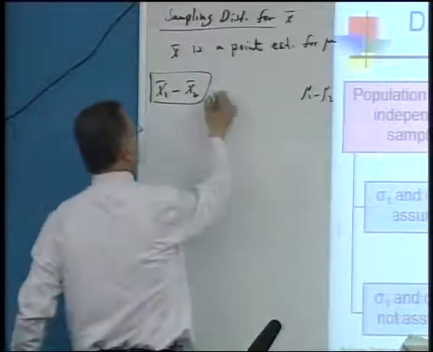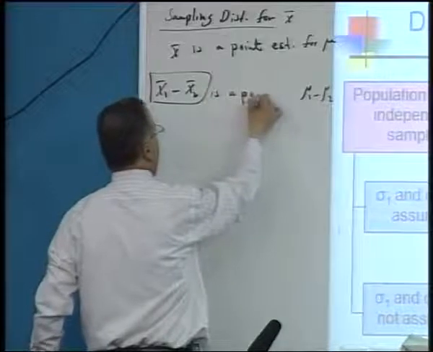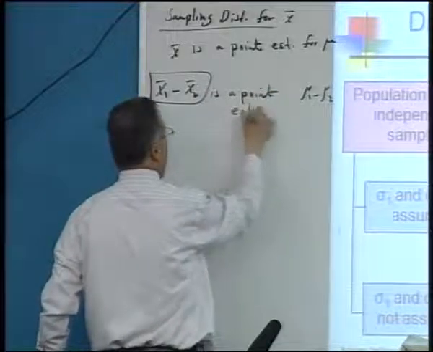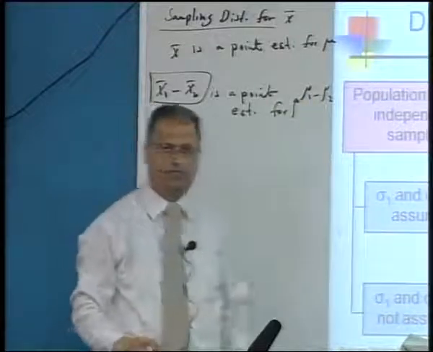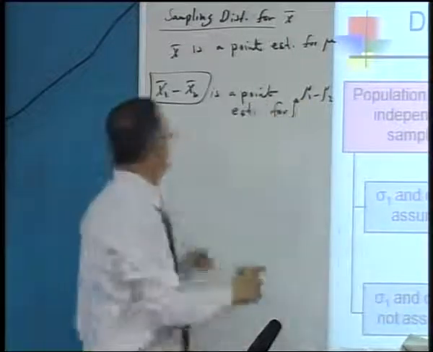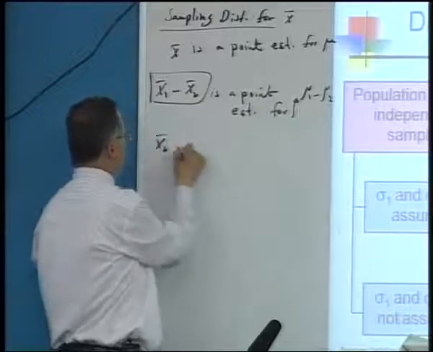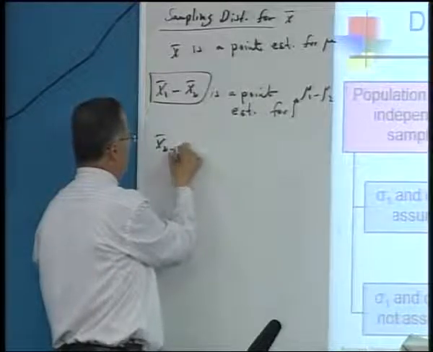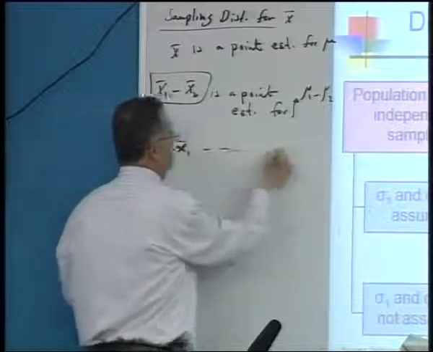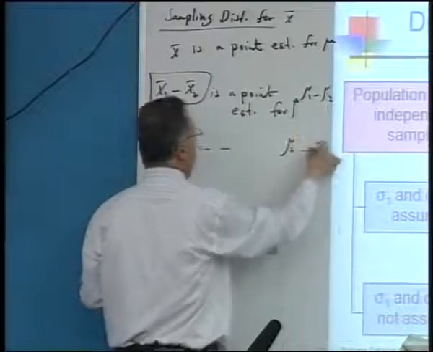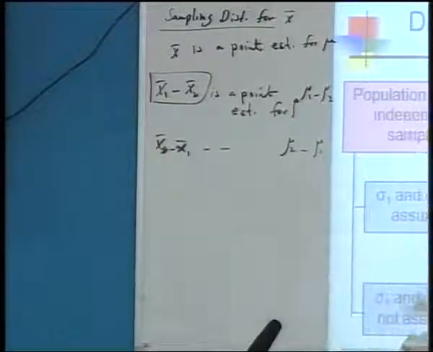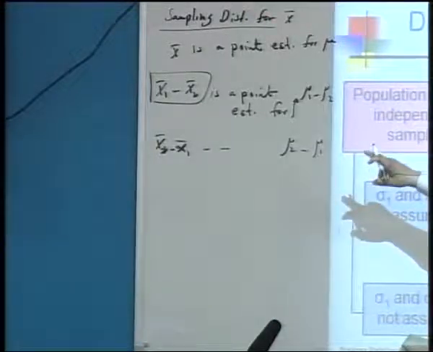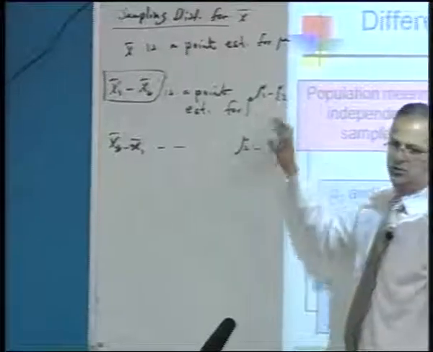So this one is a point estimate for mu1 minus mu2. It's clear that x2 bar minus x1 bar is a point estimate for mu2 minus mu1. So that's the point estimate of mu1 minus mu2 or mu2 minus mu1.